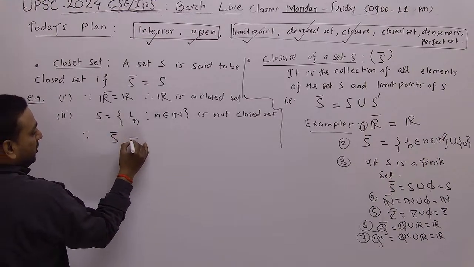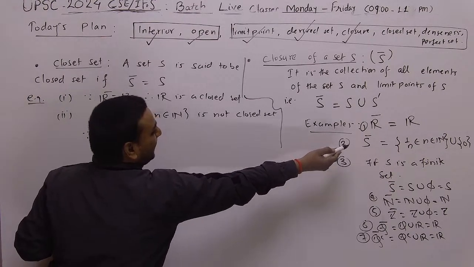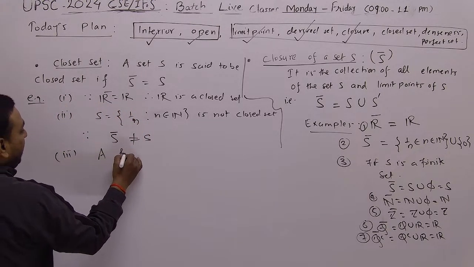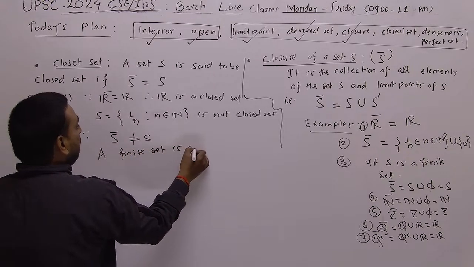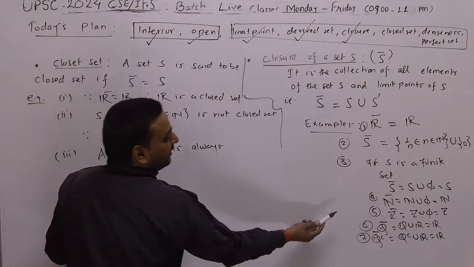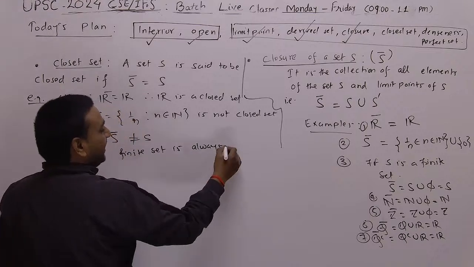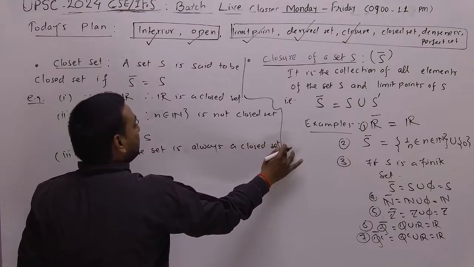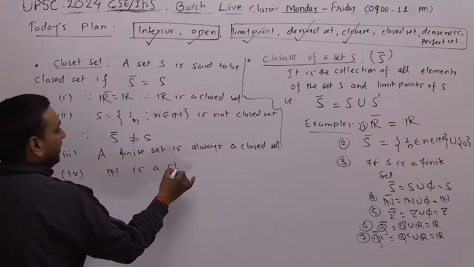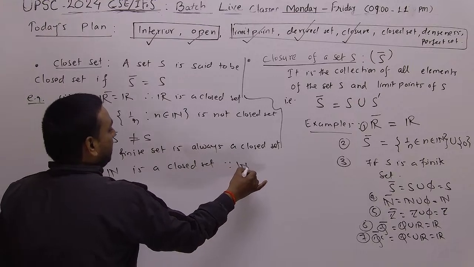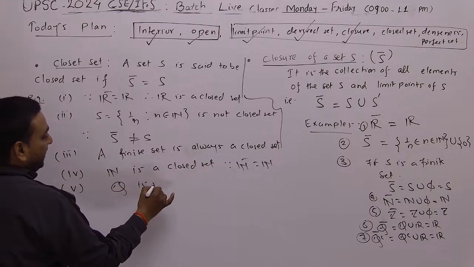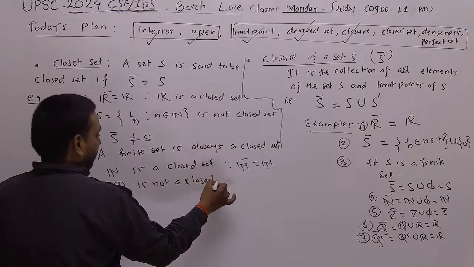Since S closure is not equal to S. Third example: a finite set is always a closed set, because it has no limit point, so it always remains equal to itself. Fourth, N is a closed set. Why? N closure is N itself.